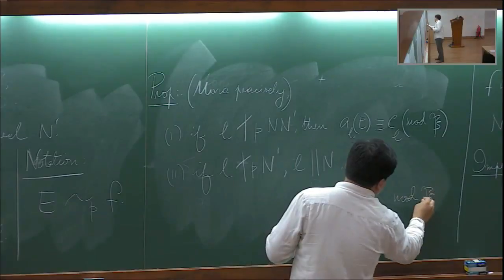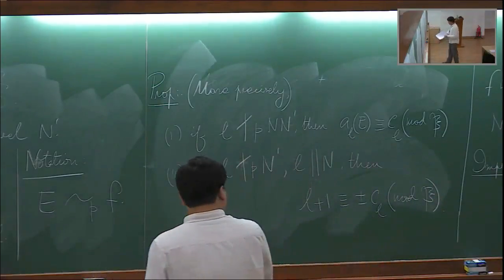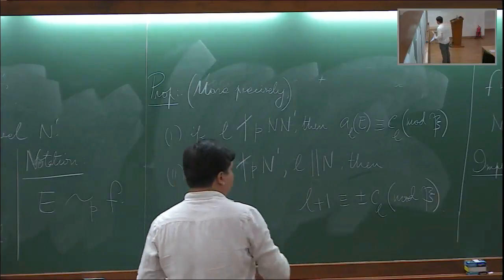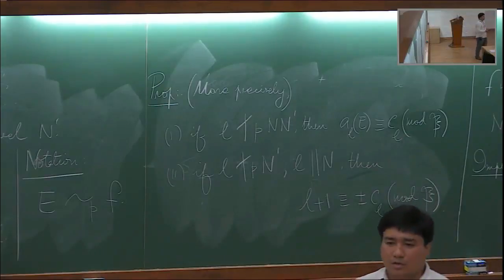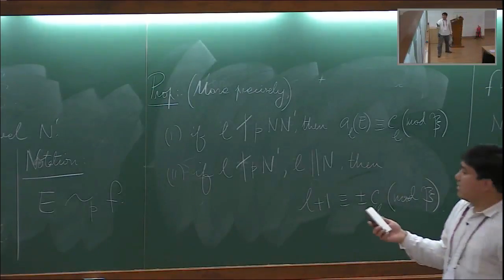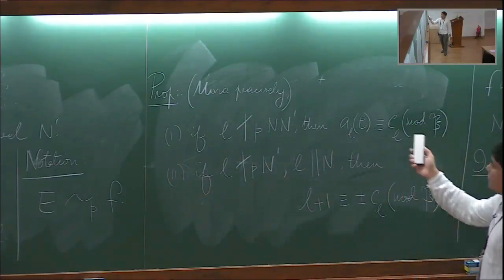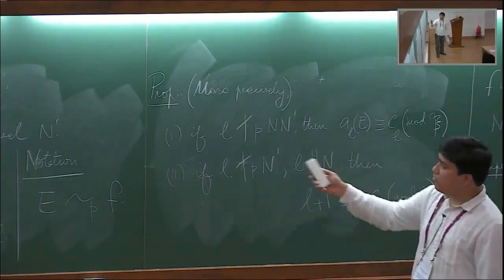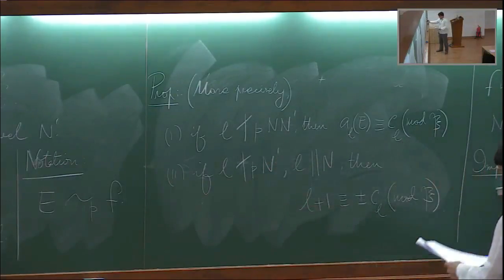This plus minus is coming from whether it has split multiplicative or non-split multiplicative reduction. Except finitely many, those primes that do not divide the conductor of E as well as F. So almost all primes means this one.